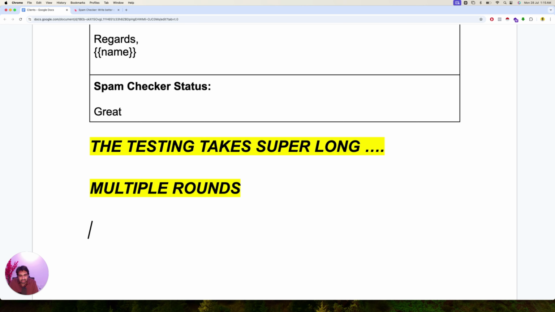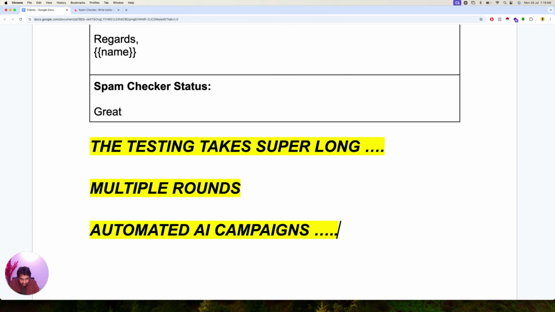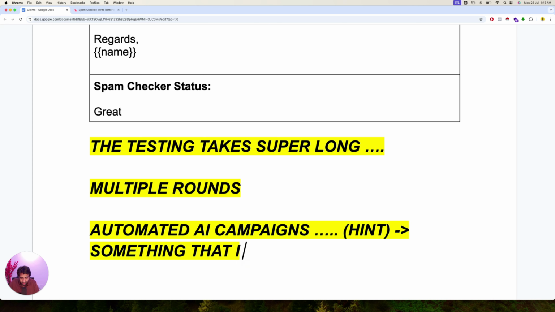To streamline this, I'm still studying how to get it better. One feature that I'm thinking about is, while you are doing MTC, it would be good if you could launch automated AI campaigns. Okay, this is a hint. This is something that I am working on.